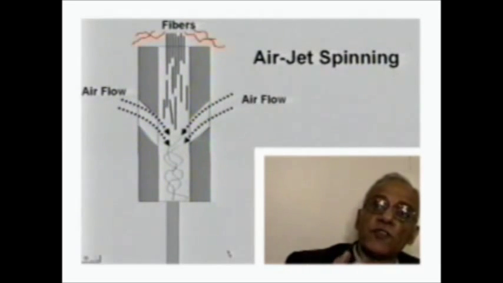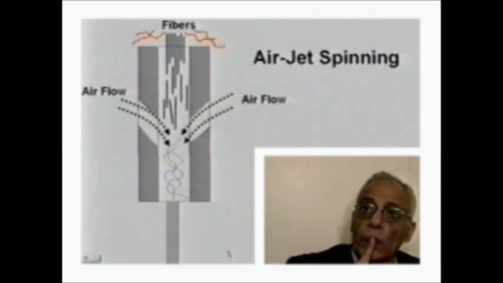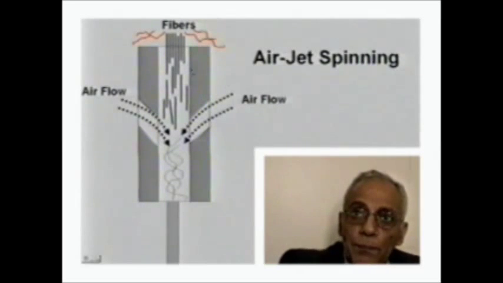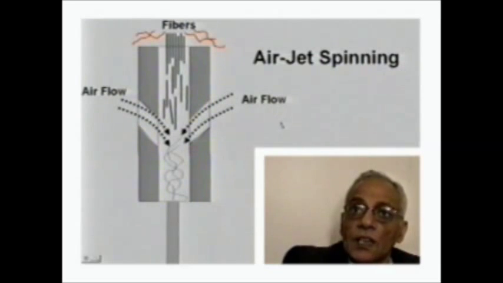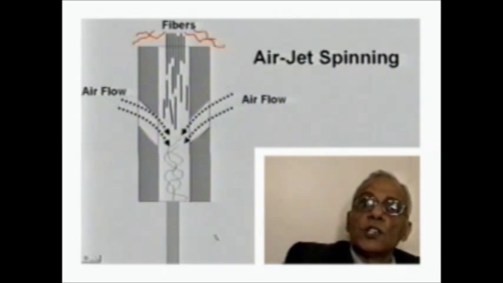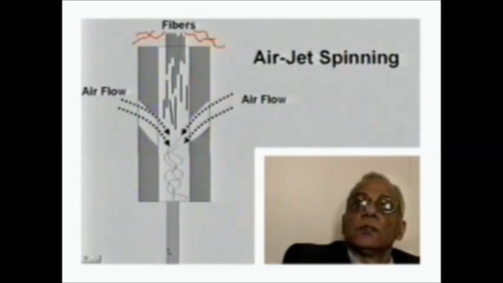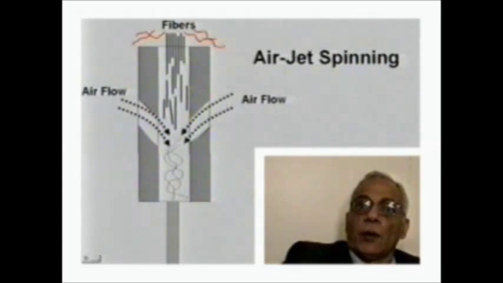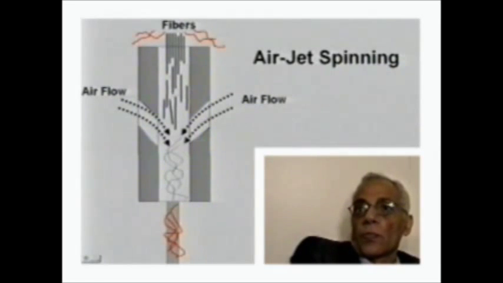How are we going to achieve a yarn of some strength? Those fibers that have been separated early by air effect are now going to join the fibers coming out and wrap around them. Look at this.